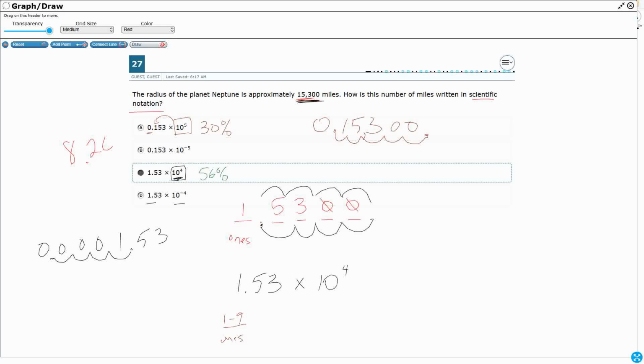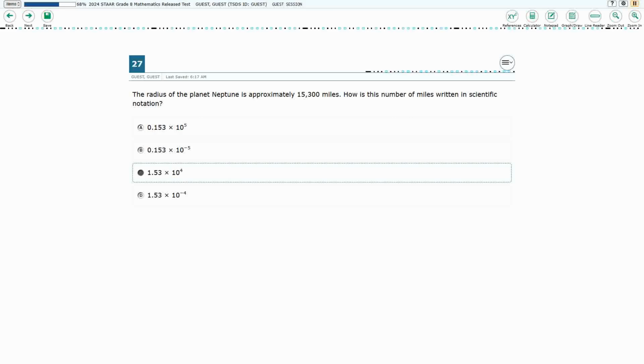So even though this does get you to that correct answer of 15,300, it's not correct scientific notation. So that is a huge misconception that we should be able to easily work with our students. And this is tied for the 15th easiest item on the test, so kind of towards the middle, but slightly more towards the easy side for our students.